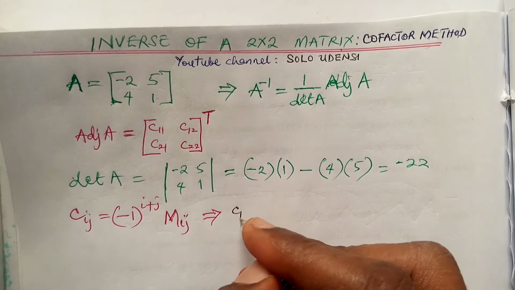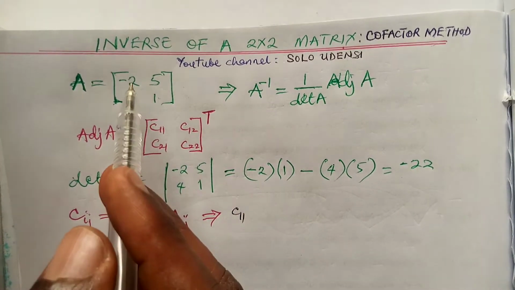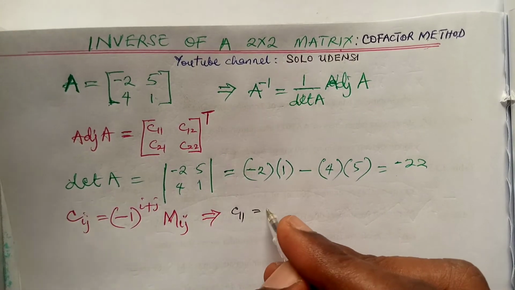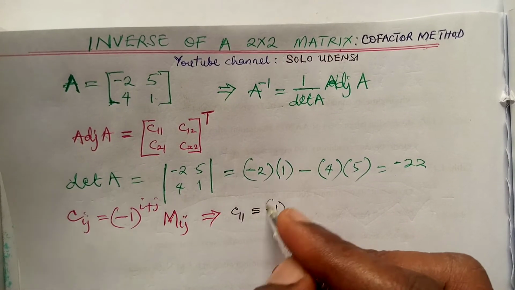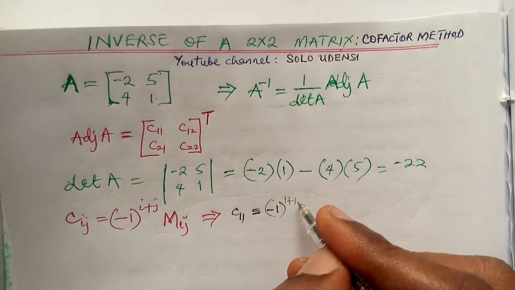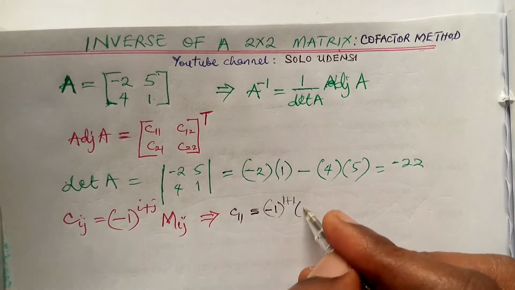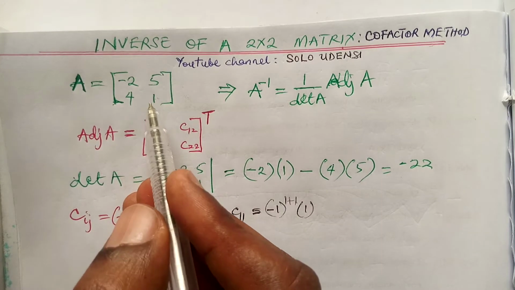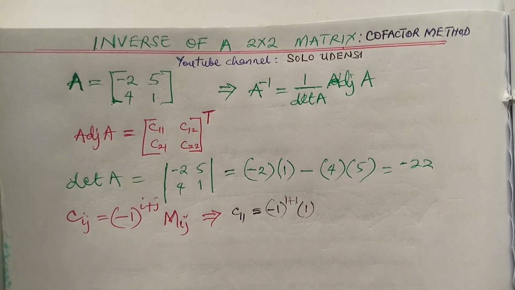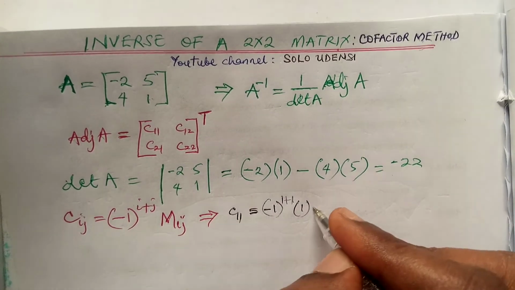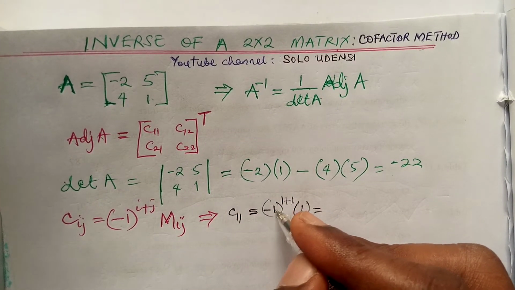So C11, the first one, is minus 1 to the power 1 plus 1 times the minor. The minor matrix is this 1 by 1 matrix, 1.